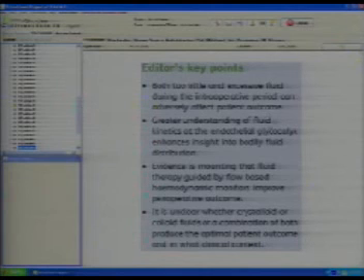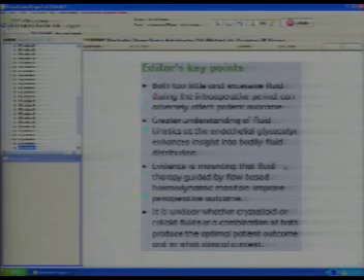Greater understanding of fluid kinetics at the endothelial glycocalyx enhances insight into bodily fluid distribution. Evidence is mounting that fluid therapy guided by flow-based hemodynamic monitors improves perioperative outcome. It is unclear whether crystalloid or colloid fluids or a combination of both produce an optimal patient outcome in what clinical context.